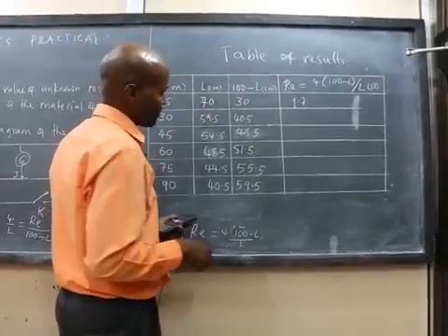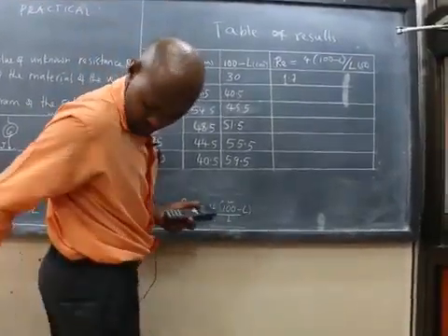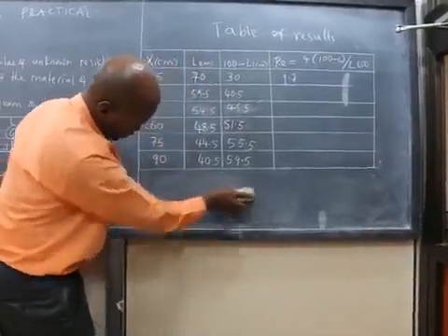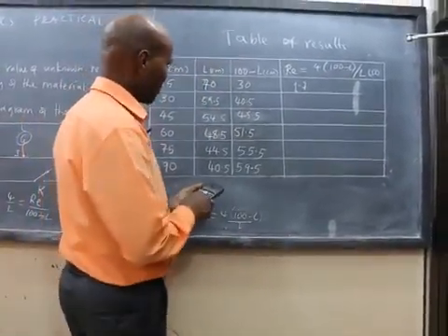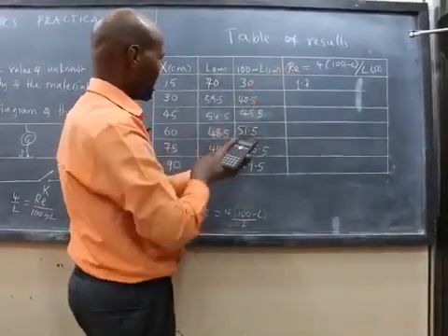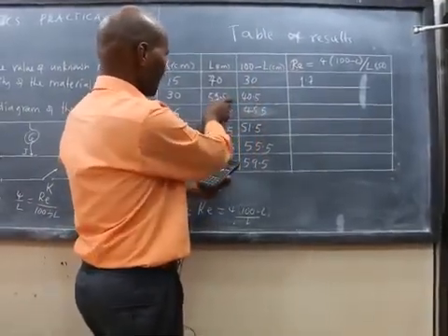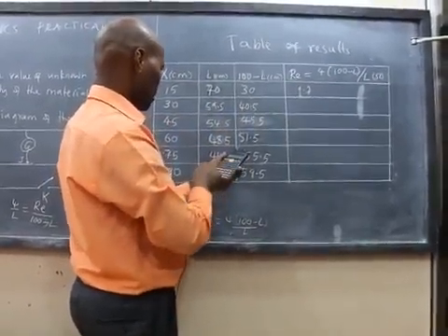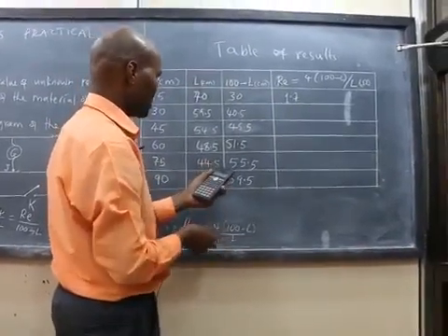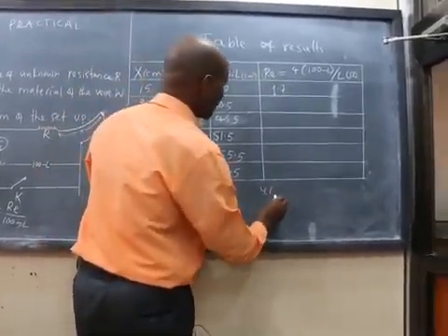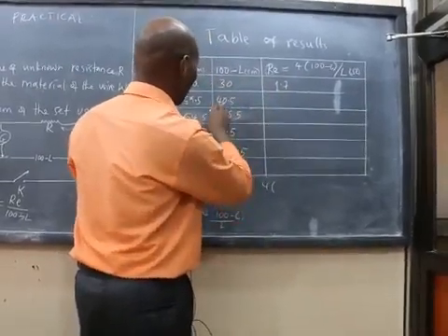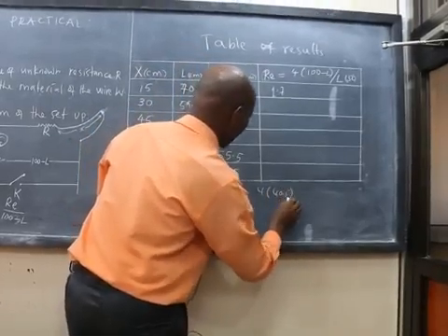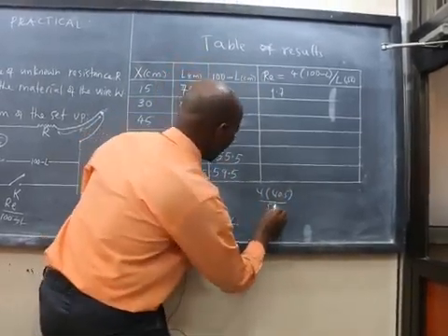So in each case now, we'll be inserting the value in this formula. For this case, it is 4 times 40.5 over 59.5.